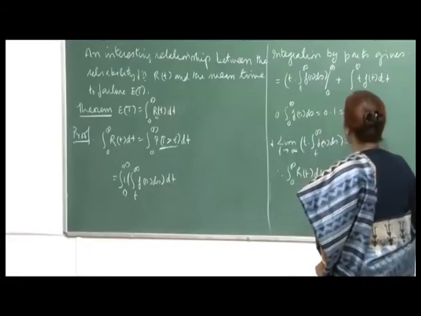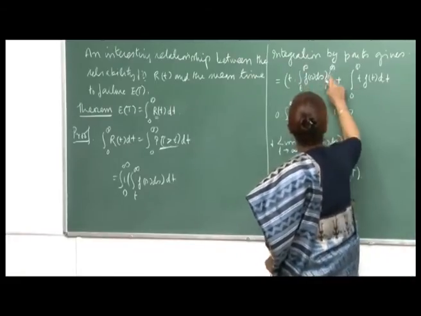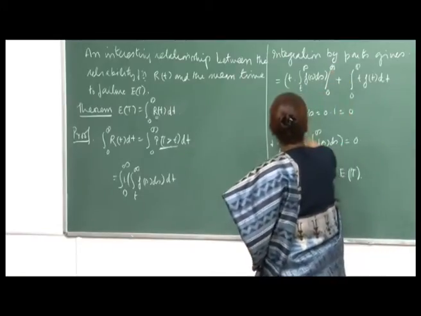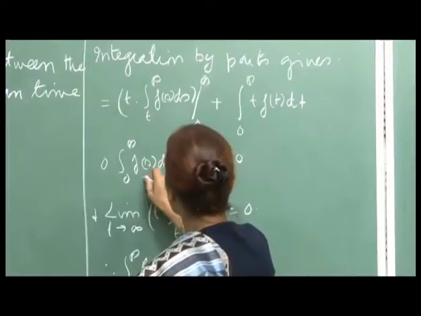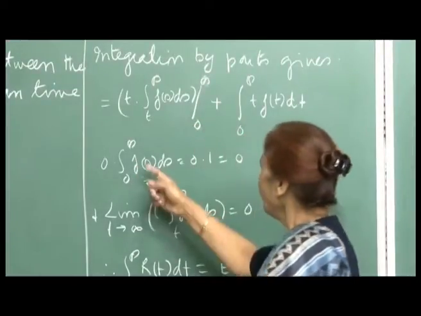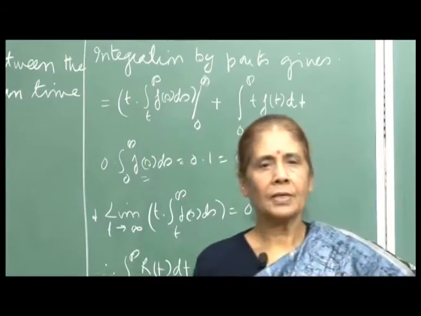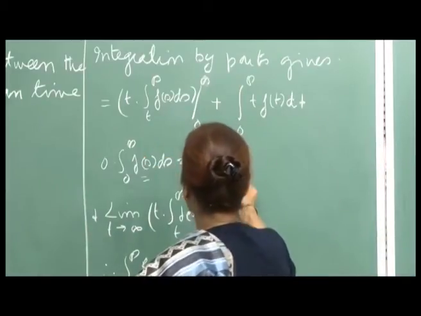Now you can immediately see the limit at the 0 point. This whole thing has to be computed between 0 and infinity. At 0 this is 0, and this will be 0 to infinity f(s) ds, which is equal to 1, because remember f is the PDF and the variable t varies from 0 to infinity. So this is 0.